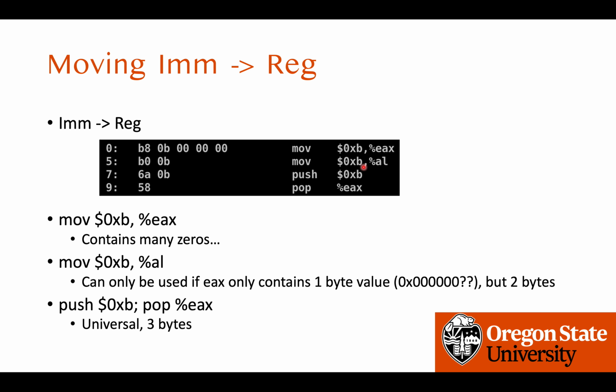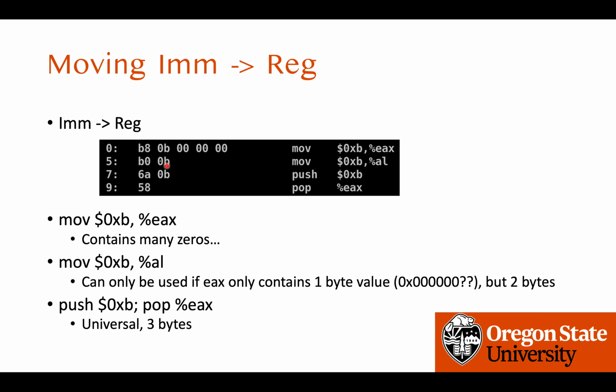But in this case we can use a 1 byte move instruction. The restriction is that the target register must be the 1 byte register of EAX, which is AL. Then we can reduce the opcode to 2 bytes, B0 and the target value 0B. But because this only changes AL, the lower 1 byte of the EAX register, we first need to make all high bits of EAX 0, or simply make EAX 0, before using this instruction.